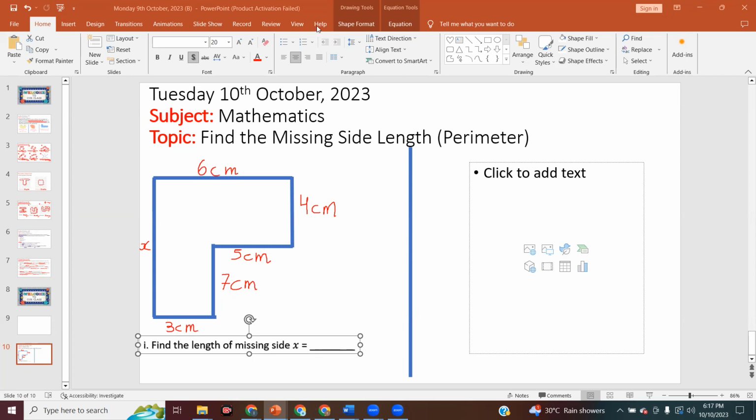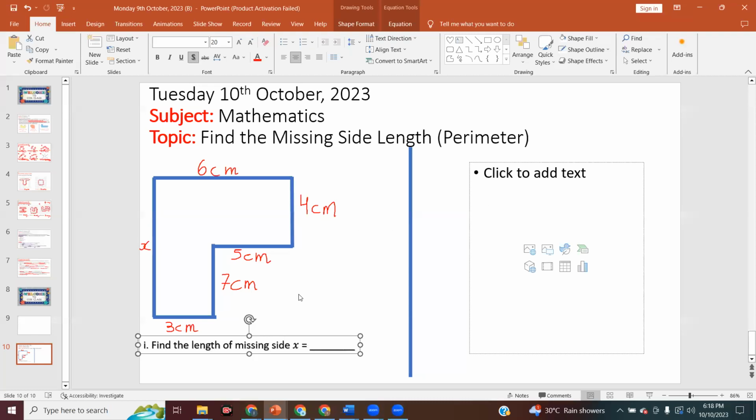Tell me verbally what you think it is. 11. I think it's 25. You think it's 11. Okay. 16. Yes, Kevin. 5 centimeters. Kevin, what do you think it is?